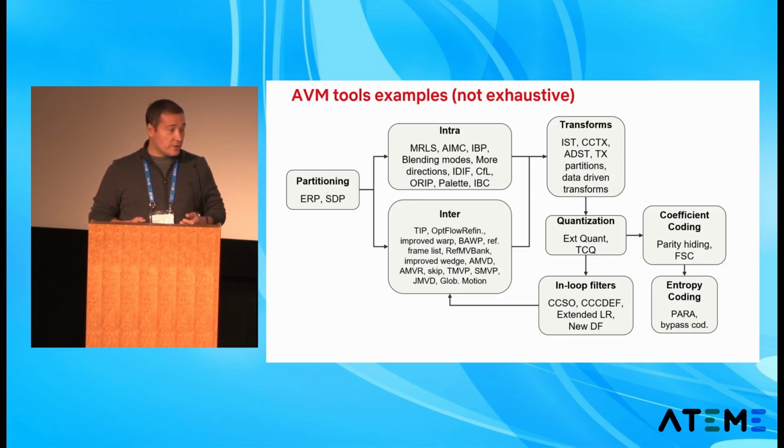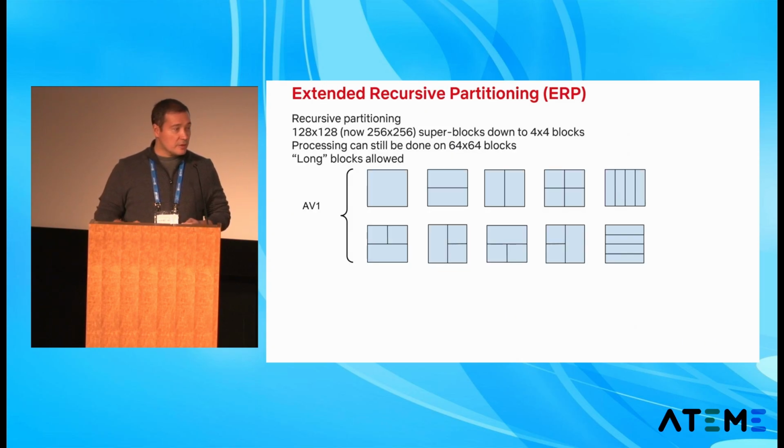The transforms are another area where people did work, including the data-driven transforms, and also the quantization has changed compared to AV1. There was extensive work on the in-loop filters, including the cross-component loop filters and improvements to the existing loop filters, and some work has been done on the coefficient coding and the entropy coding as well, even though the base entropy coding stays the same as in AV1.